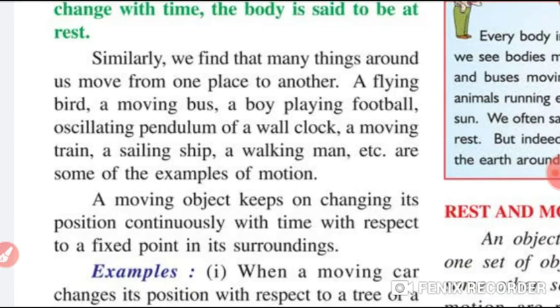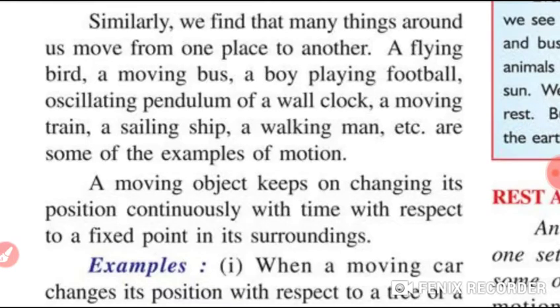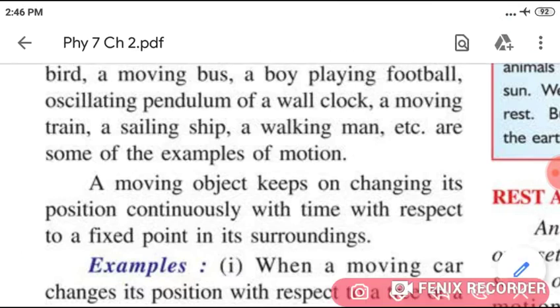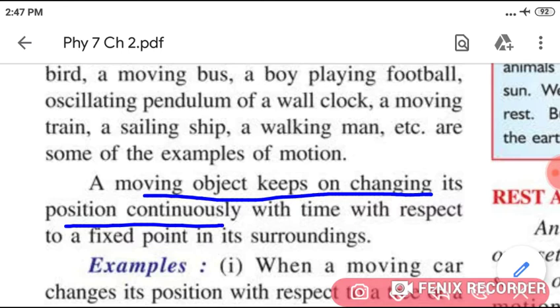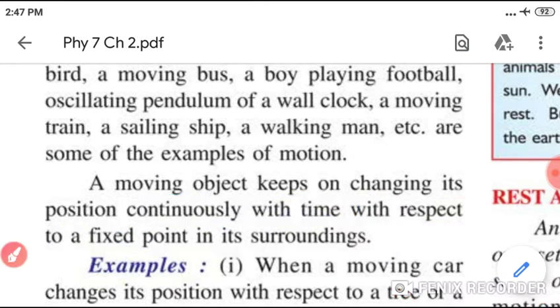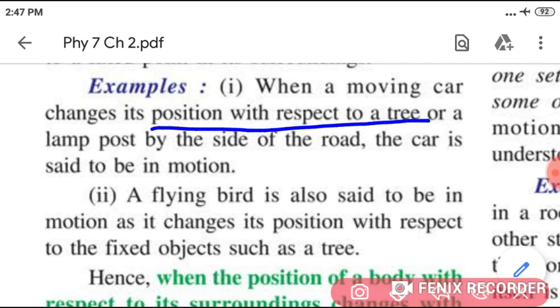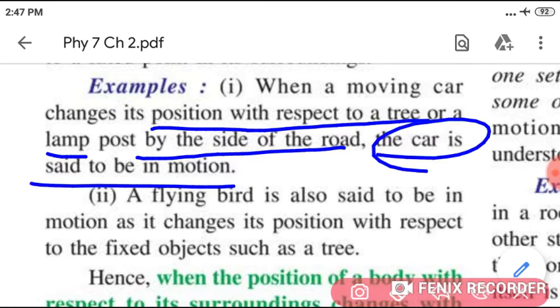Similarly, we find many things that are moving from one place to another. Flying bird, moving bus, boy playing with football, oscillating pendulum of a wall clock, moving train, sailing ship, walking men. There are many examples of motion. So, a moving object keeps on changing its position continuously with time. With respect to what? A fixed point in its surroundings. Students, when a moving car changes its position with respect to a tree or a lamp post by the side of the road, we can say that the car is moving.